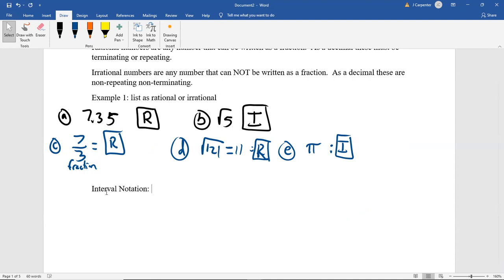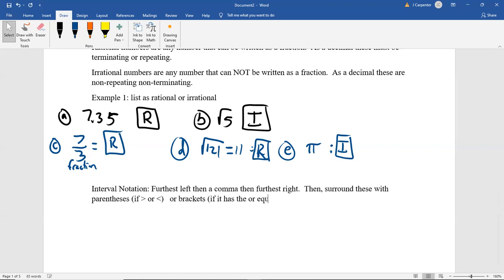Interval notation, as a reminder from the pre-calc class, always starts with the furthest left value, using parentheses if it's greater than or less than, or brackets if it can be equal.